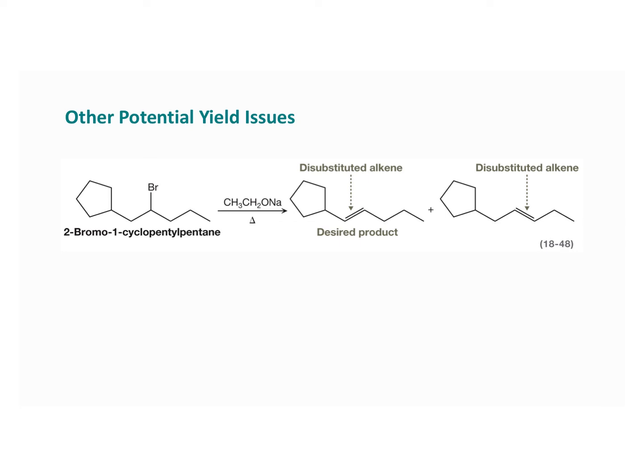Now, just other yield issues when we talk about this. This is 2-bromo-1-cyclopentylpentane as the precursor here, which is a little different than the one on the previous slide. If this is used as a precursor, there's a problem because you can get both elimination products or the substituted one here. That means you're going to get a significant amount of each.